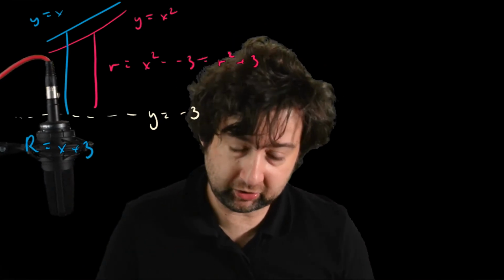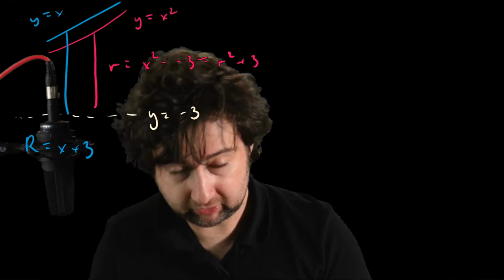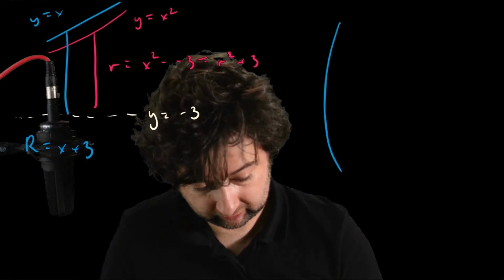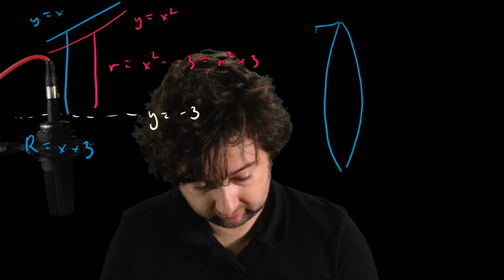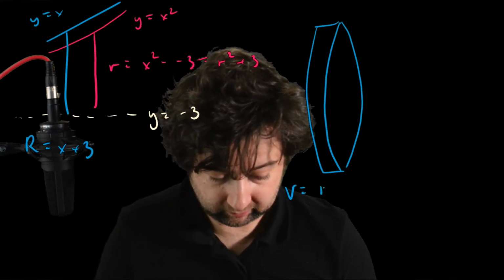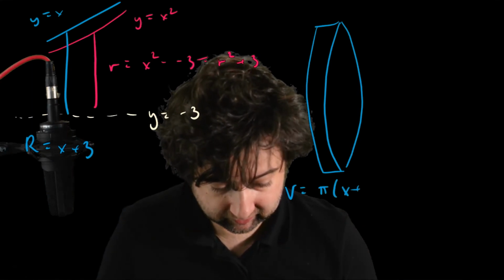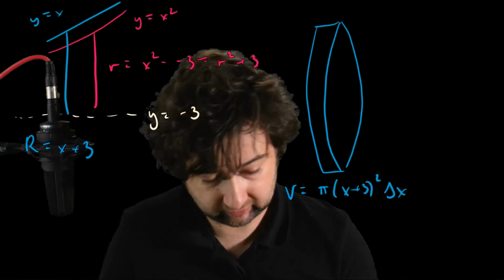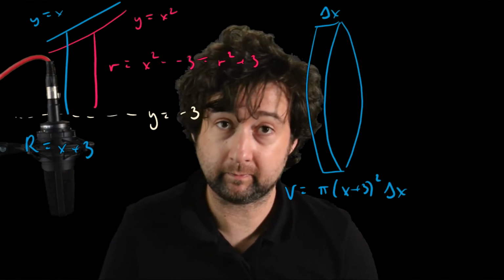So when I build my washer, the big part of the washer, the part that touches this curve right here on top, is going to look like this. So I've got this big cylinder, and its volume is going to be pi times (x plus 3) squared delta x, because, of course, like usual, these things are delta x wide.